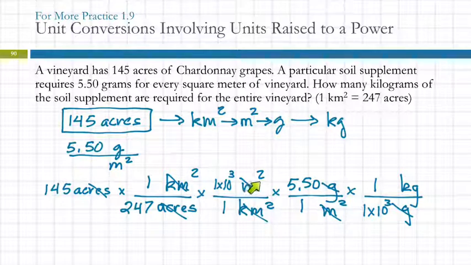But the unit is squared. I need to square the number. It's getting a little messy. So 1 times 10 to the 3rd squared, square meters, is 1 square kilometer. Any questions?